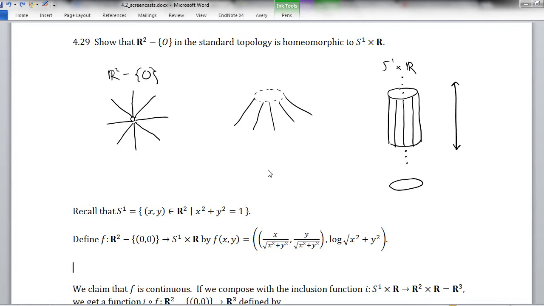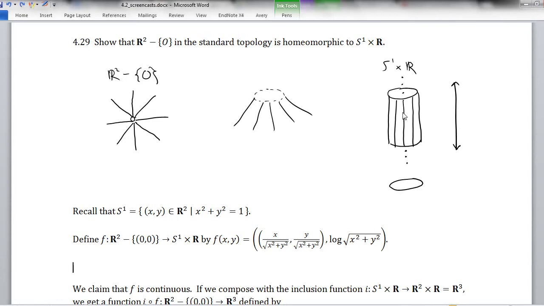The idea behind this is basically the idea of polar coordinates. You see each ray I've drawn here corresponds to a fixed angle about the origin, and those end up being these rays and then these vertical lines.